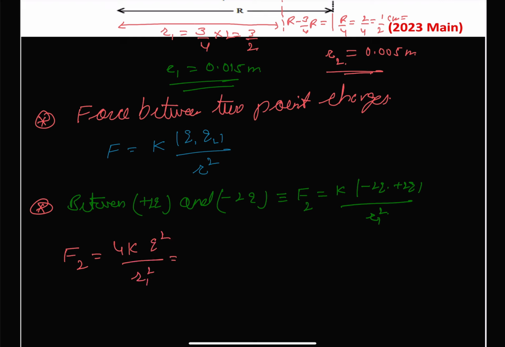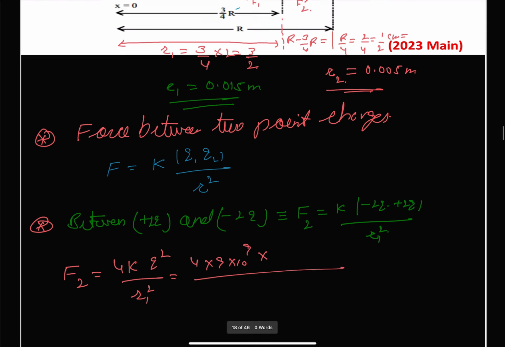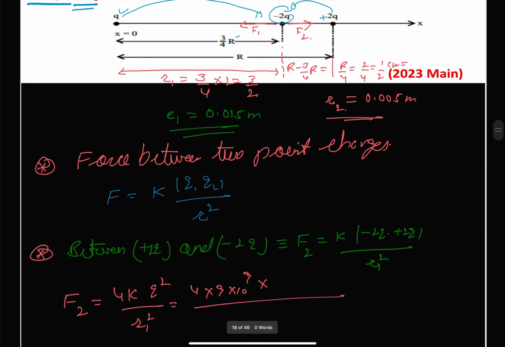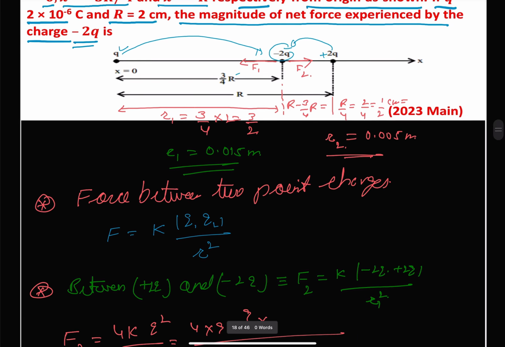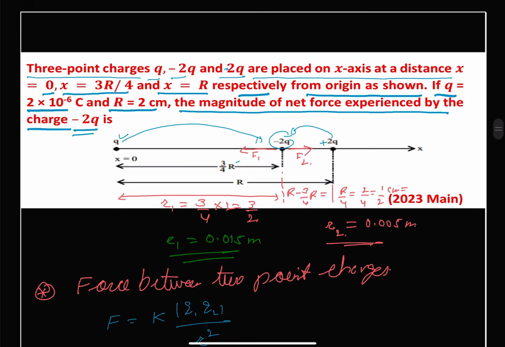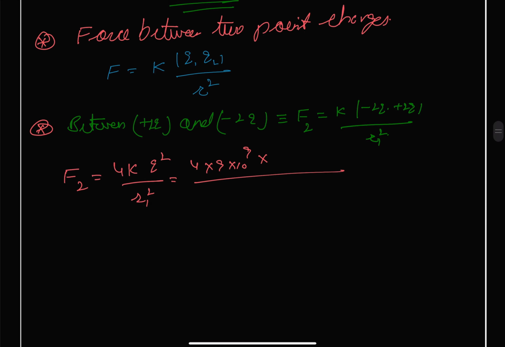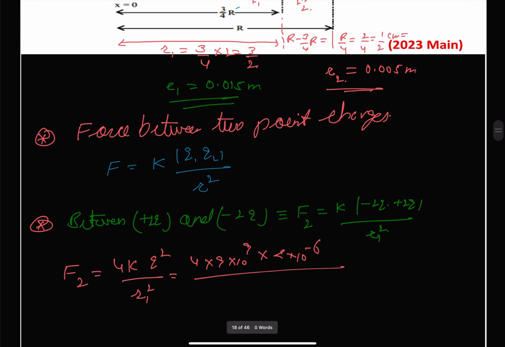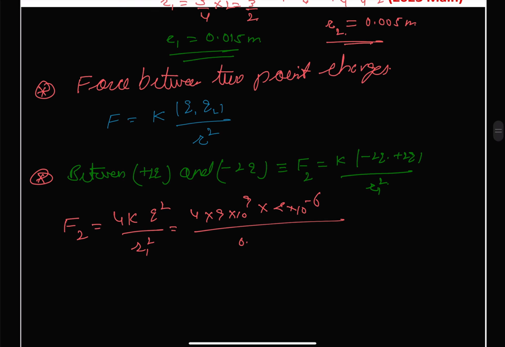So we substitute the values: 4 into 9 into 10 to the power 9, charge is 2 into 10 to the power minus 6, and R1 we found out is 0.015 whole square. So this force is about 5760 Newton.